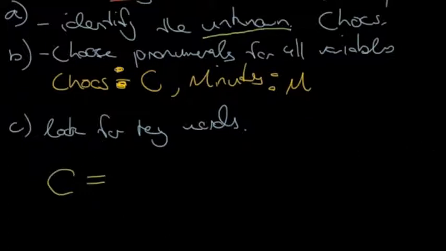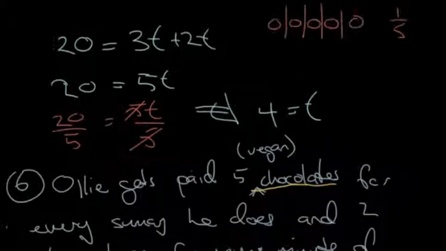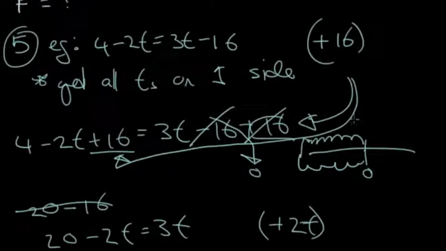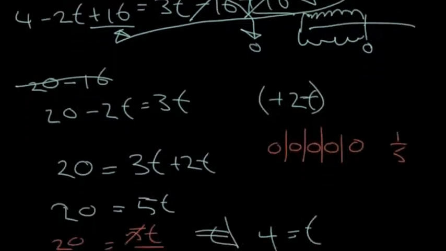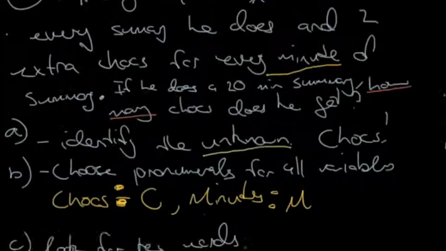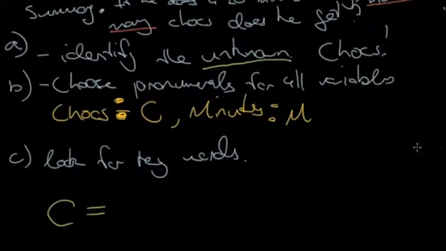In the same way that we were talking about solving this equation, and the thing we wanted to do was to get the T by itself, we think about it the opposite way here. We're constructing an equation to find C in this case. So we start off with C by itself. And now we've got to look for keywords.